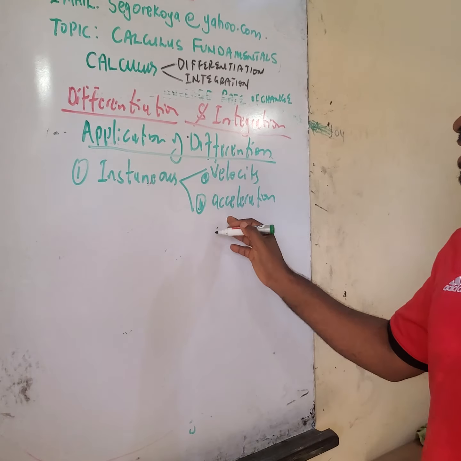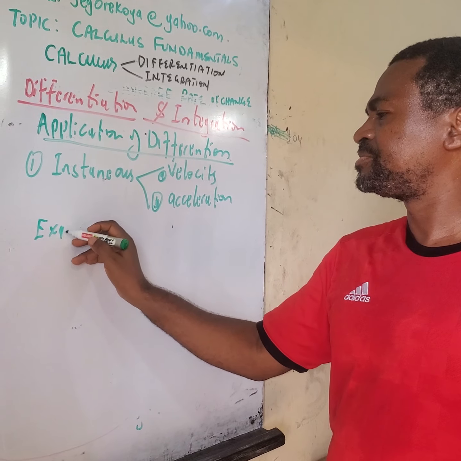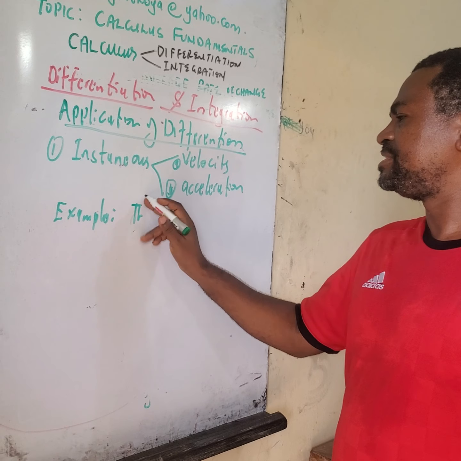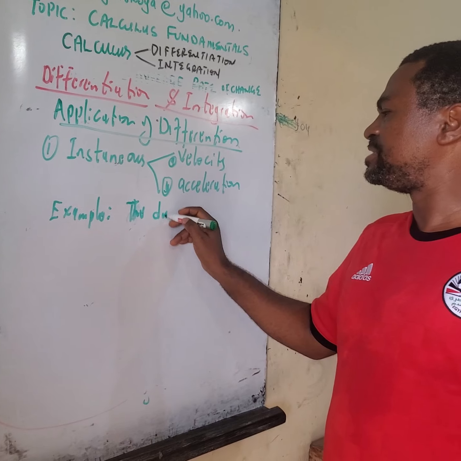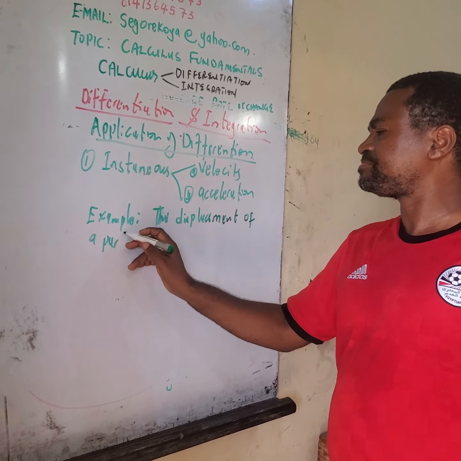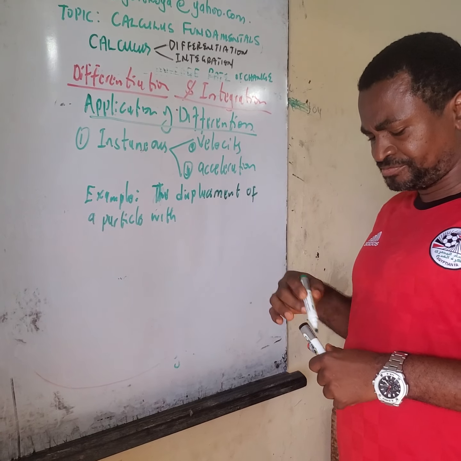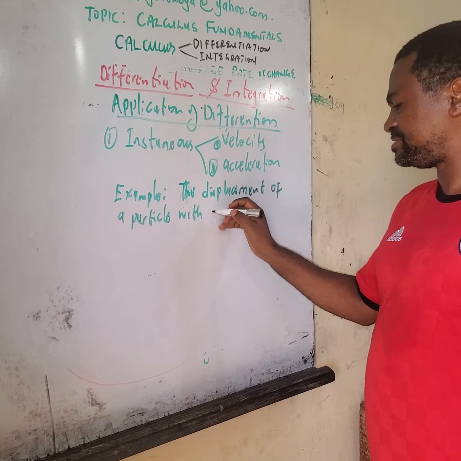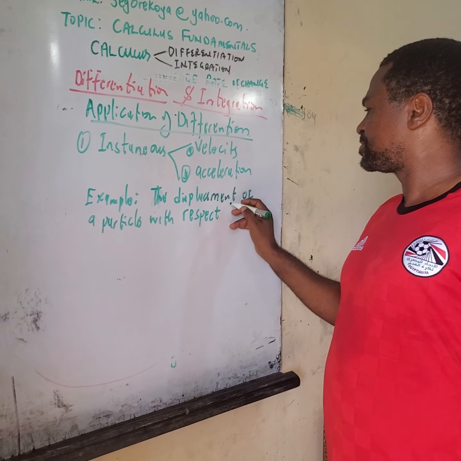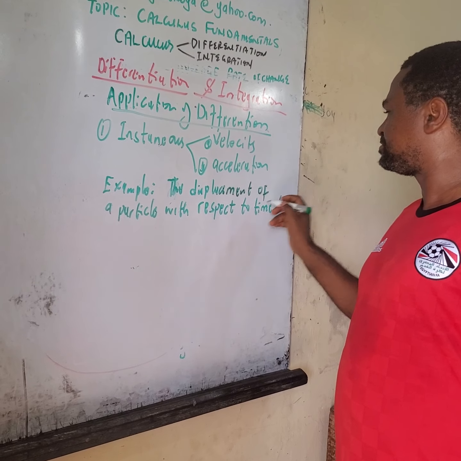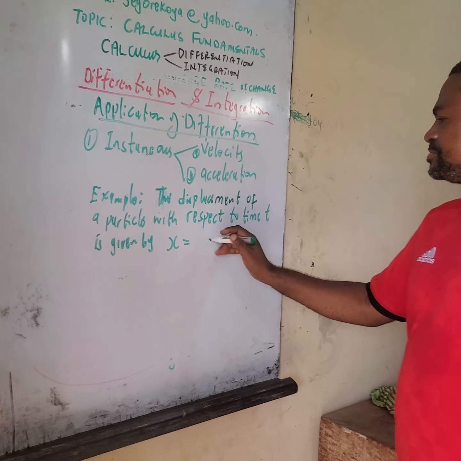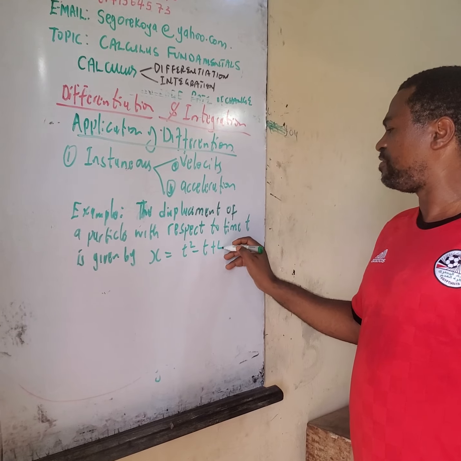So here, for instance, example: let's say the distance covered by a particle, the displacement of a particle with respect to time t, is given by displacement x is equal to t squared minus t plus 4.